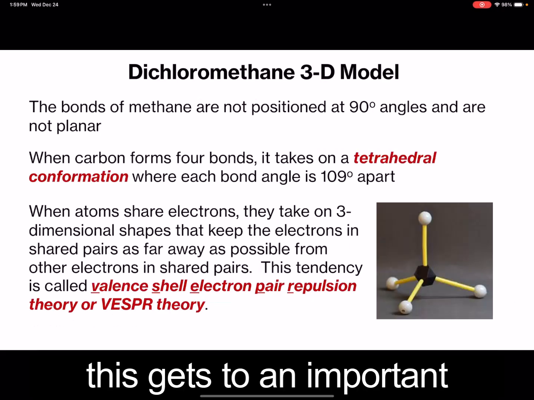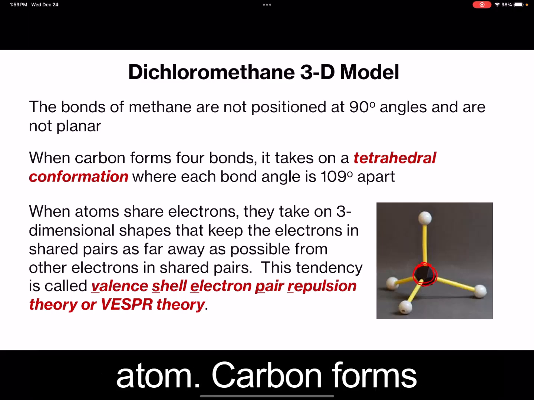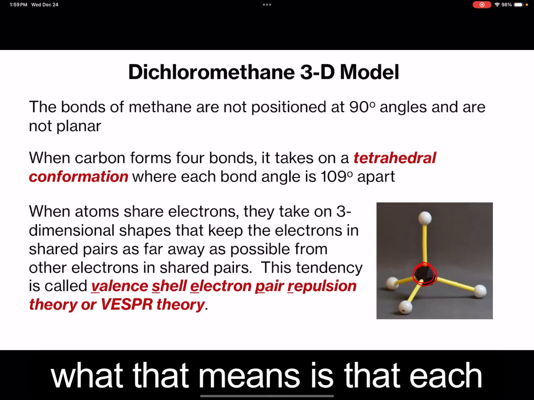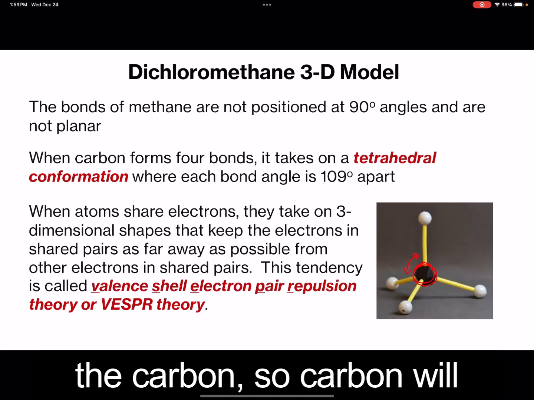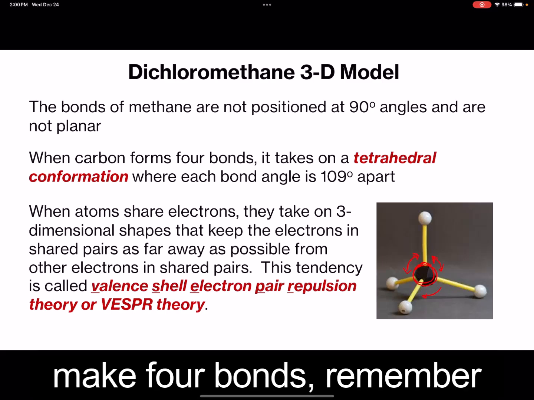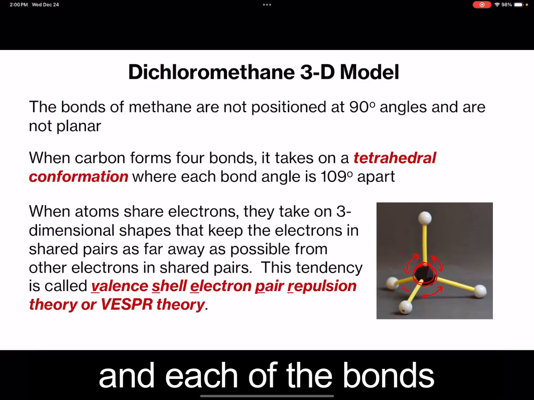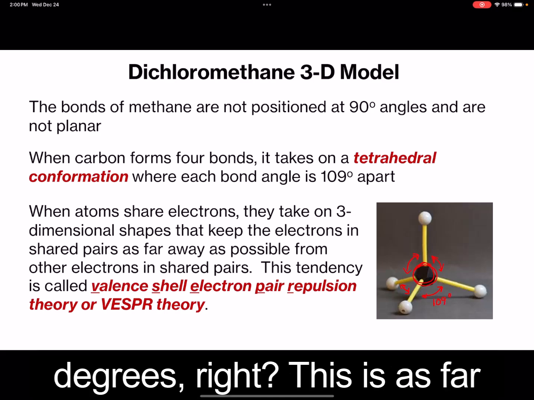So this gets to an important component of the carbon atom. Carbon forms tetrahedral geometry. And what that means is that each of the bonds connected to the carbon, so carbon will make 4 bonds, remember, to fill its valence shell, and each of the bonds around here are at 109 degrees, right?